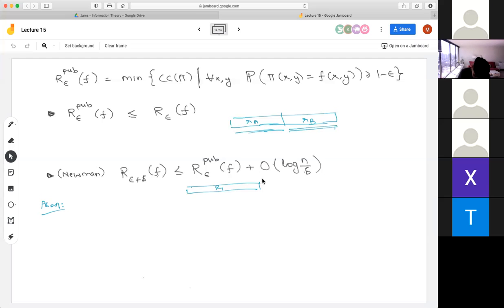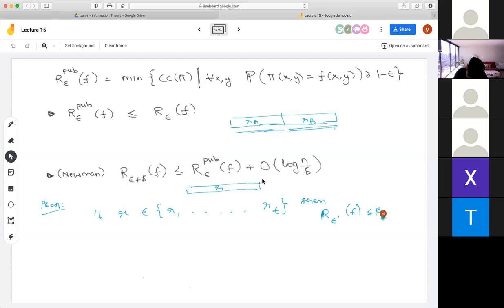And the first step is that if R was only belonging to a small set, so if there are only T random strings that they were using, then we can simulate this protocol.